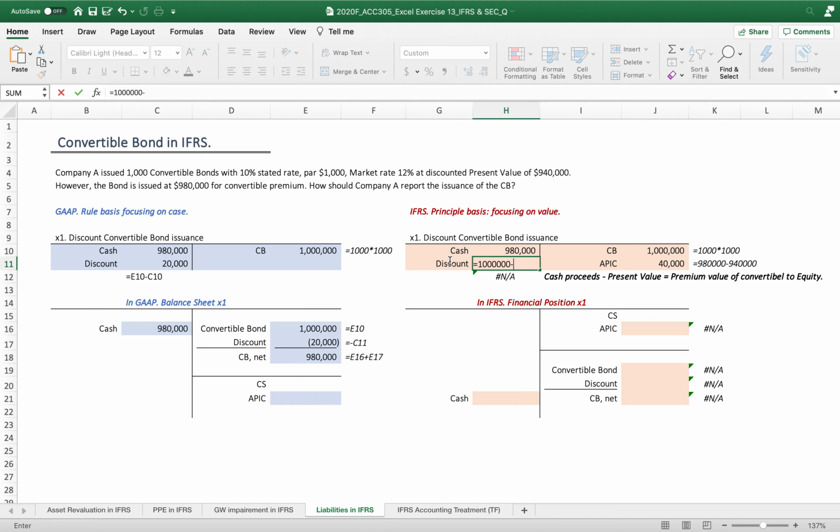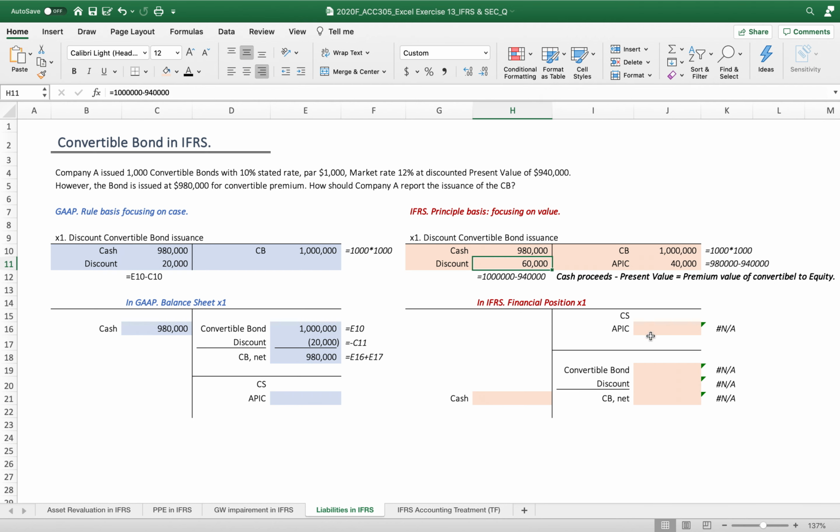So we have to put $940,000. Or you can just plug in the sum of these two values minus actual cash proceed as the discount amount. The same result. But I want you to follow this way to understand the concept of this discount.